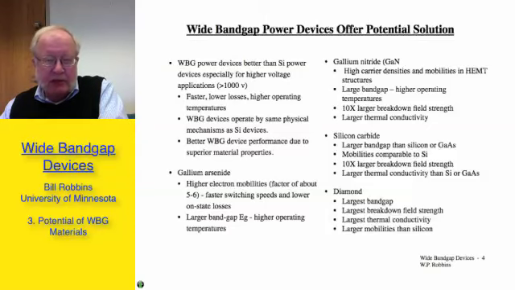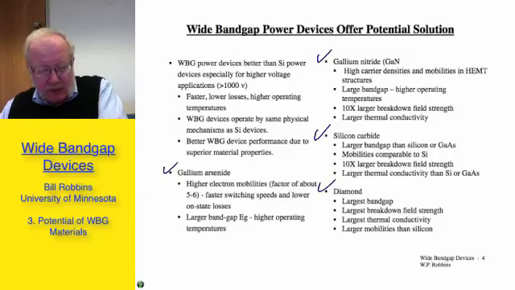Some of the materials that are of interest today in these wide bandgap materials are gallium arsenide, gallium nitride, silicon carbide, and diamond.